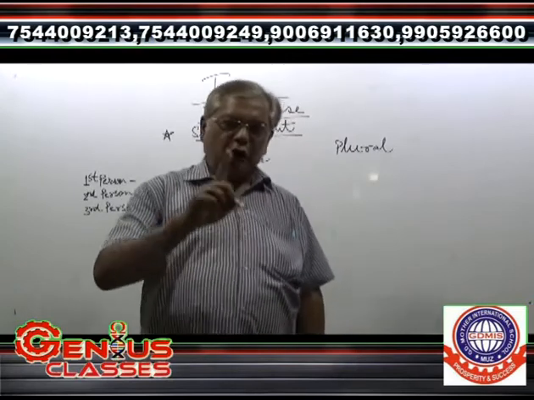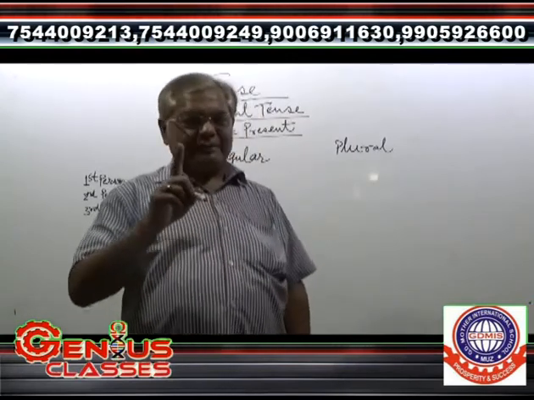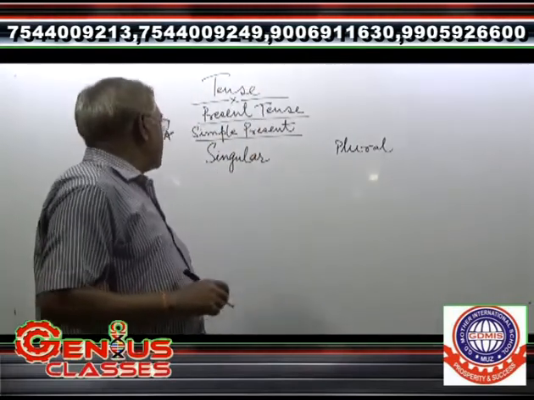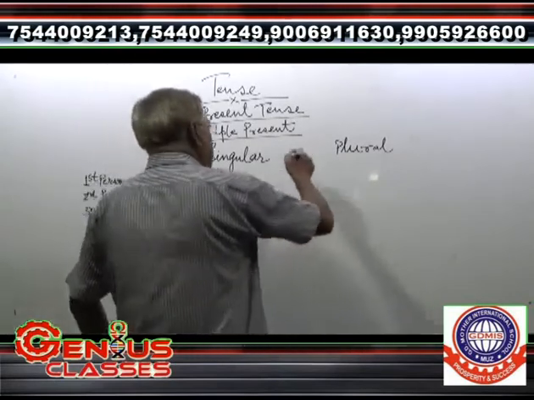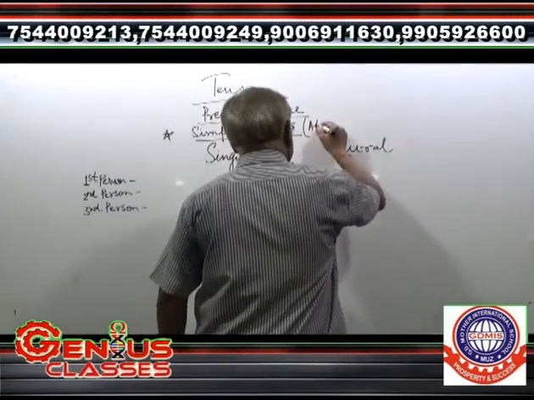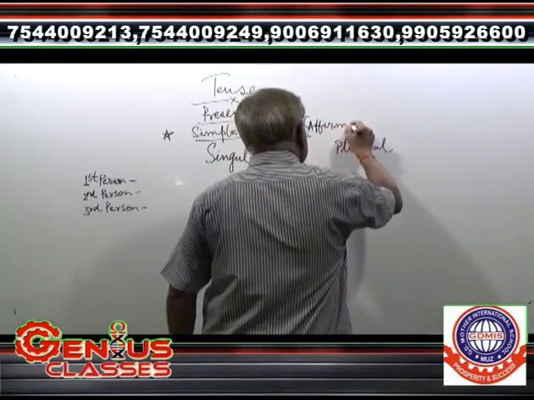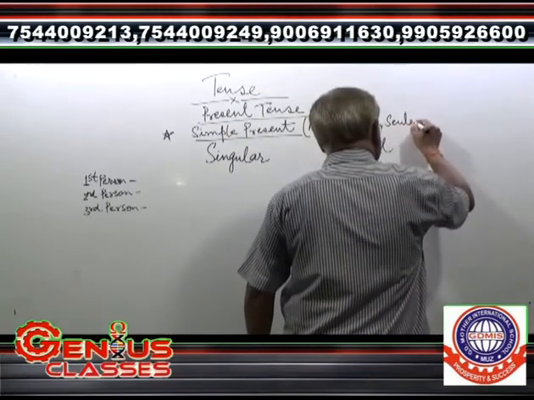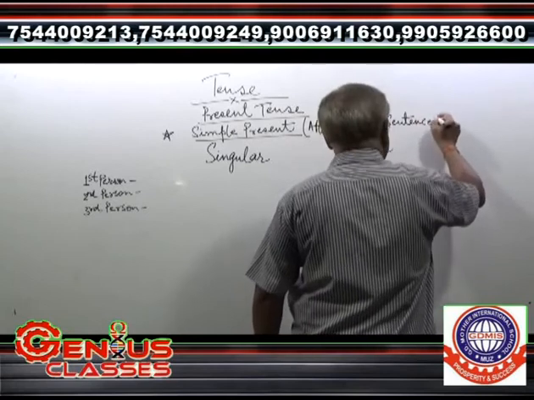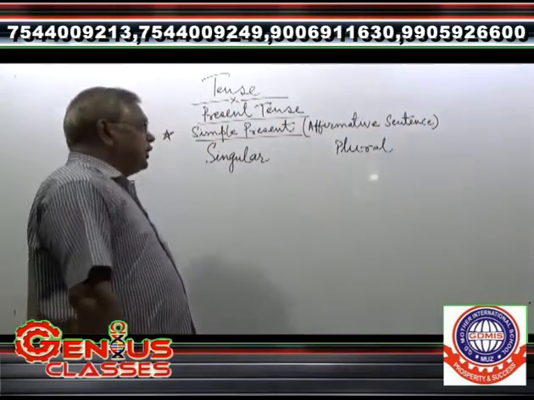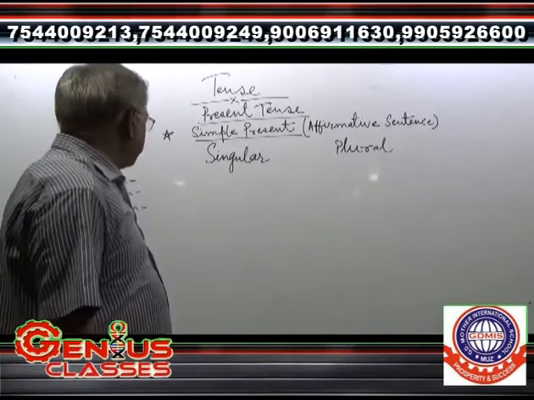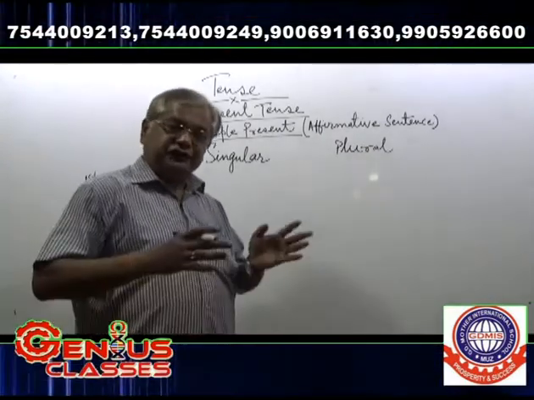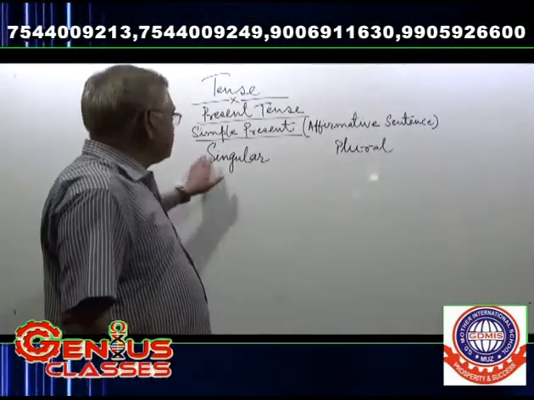Remember that the noun or pronoun only can be called the subject in the case of this affirmative sentence. So I am writing affirmative sentence. In the case of an affirmative sentence, what kind of pattern, what structure do we follow in simple present tense?